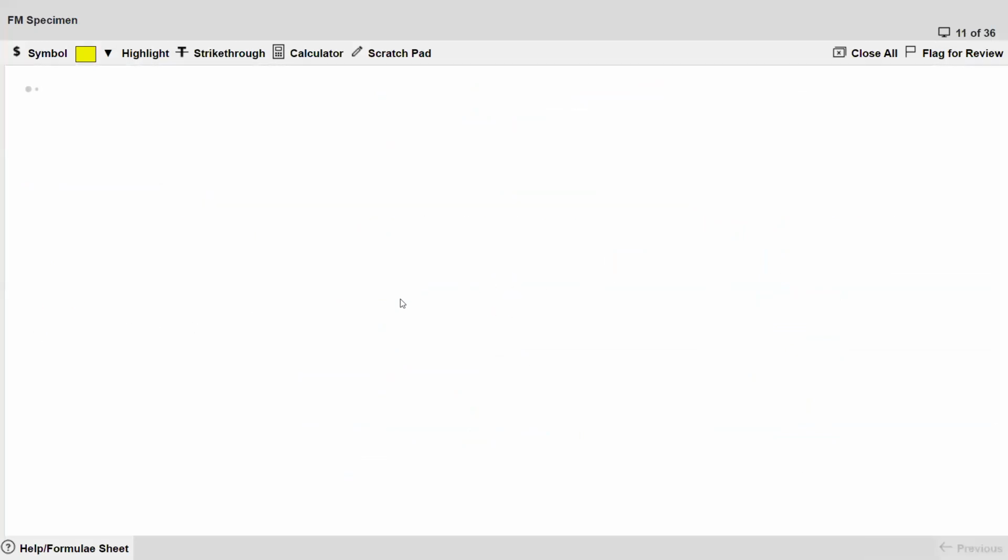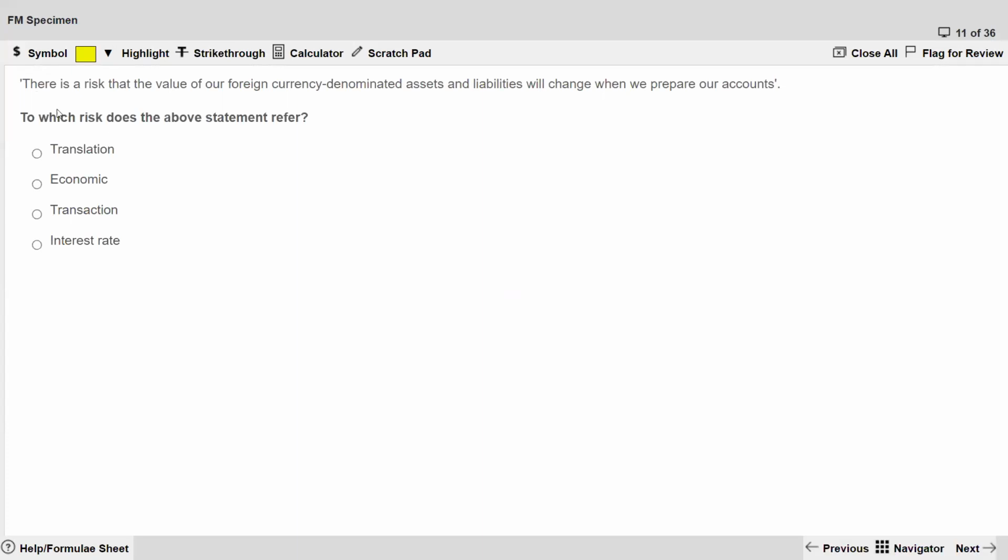Next is this question, and it is about currency risk. There's a risk that the value of our foreign currency denominated assets and liabilities will change when we prepare our accounts. So that's a translation risk.